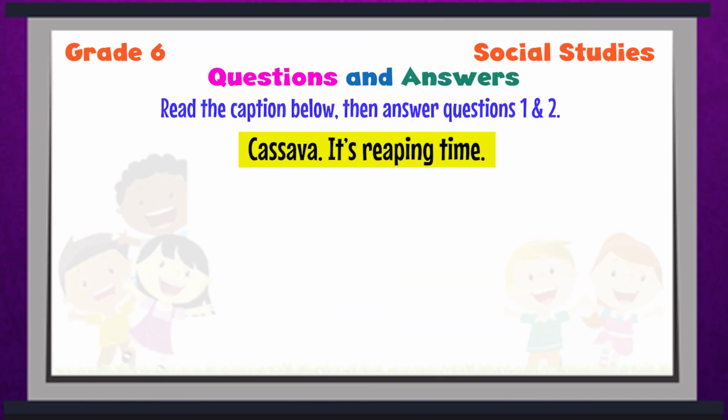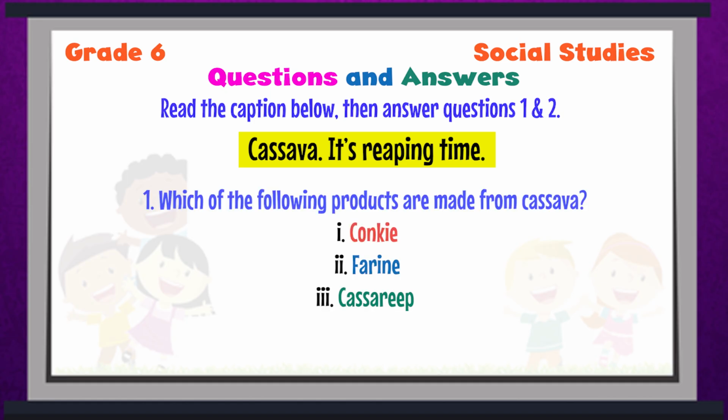Question 1. Read the caption below, then answer questions 1 and 2. So questions 1 and 2 are based on the caption. Cassava, it's reaping time. Which of the following products are made from cassava? 1, 2, and 3 are products.